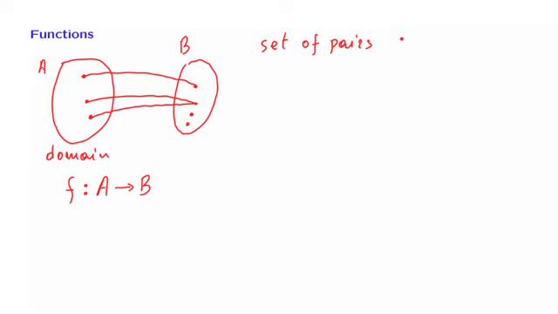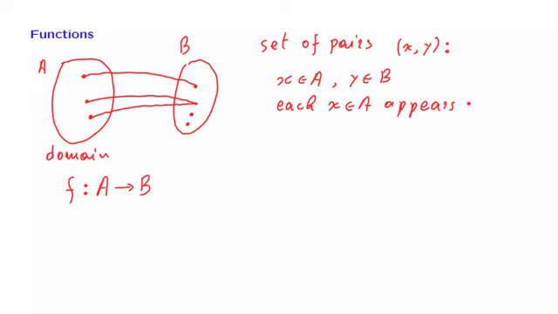It would be a set of pairs of the form x, y, such that x is always an element of A, y is always an element of B, and also, most important, each x in A appears in exactly one pair. So this would be a formal definition of what a function is. It is a collection of ordered pairs of this kind.